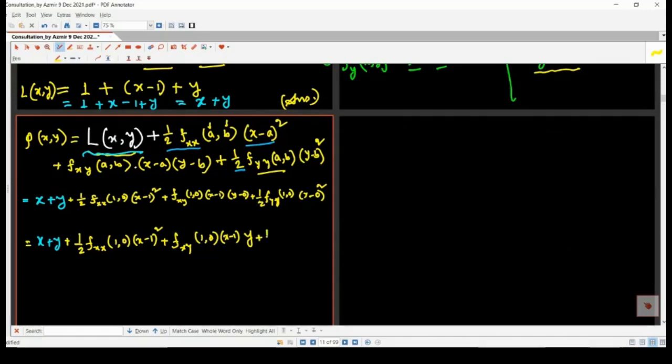Plus 1 by 2 f sub yy 1 comma 0 y minus 0 squared means just y squared. So now we have to understand which are the unknowns. This is f sub xx, f sub xy, f sub yy at 1 0 point. Okay, we need to find this.